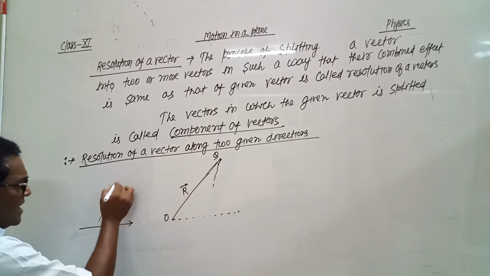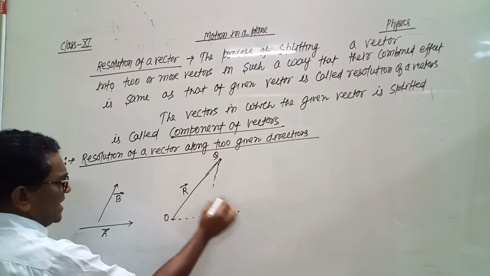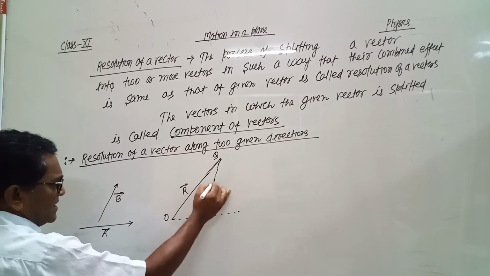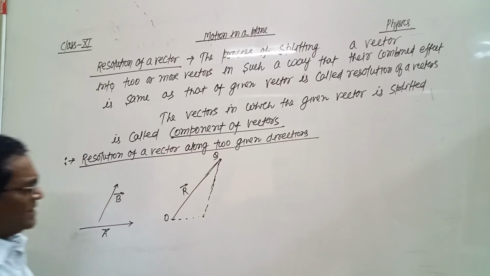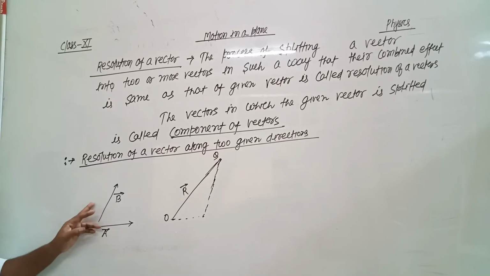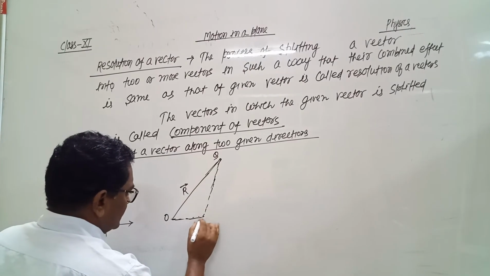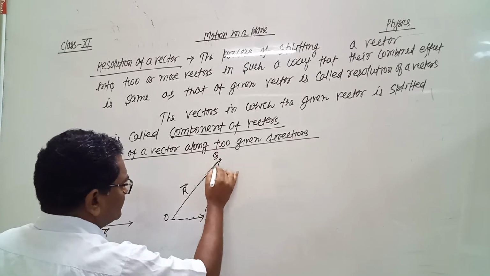So we draw a line parallel to A and a line parallel to vector B, and let this point be P.